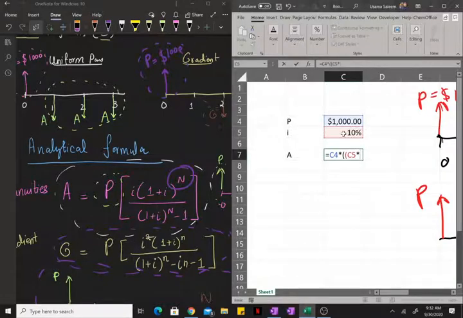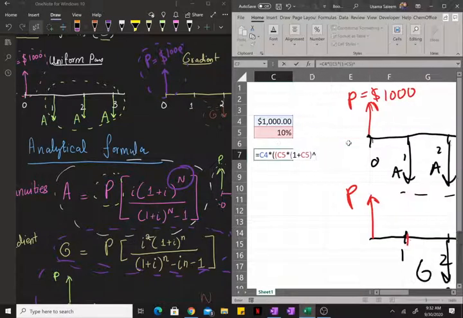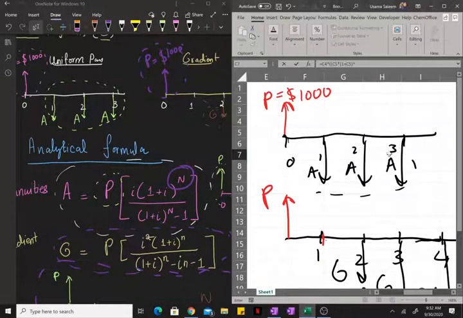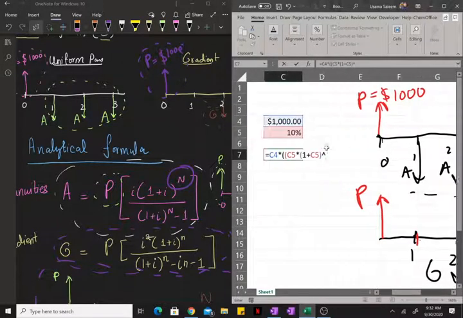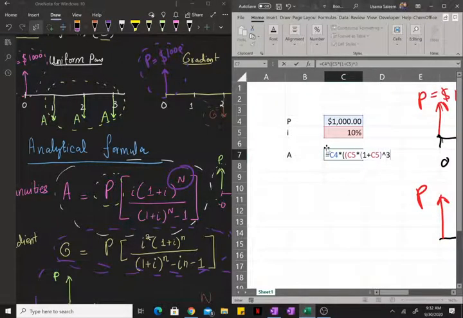So I multiplied I times (1 plus I) raised to the period, since I'm doing the uniform payments, it's 3 years. I just have to be careful with my parentheses, as you always should be when using Excel or MATLAB: (1 plus I) raised to power 3, minus 1.